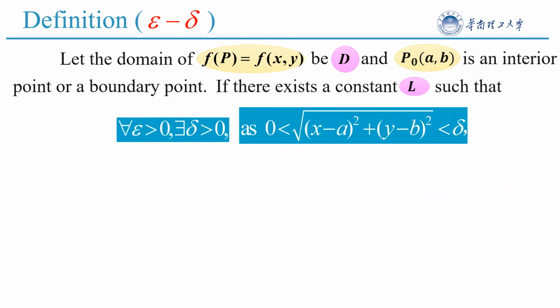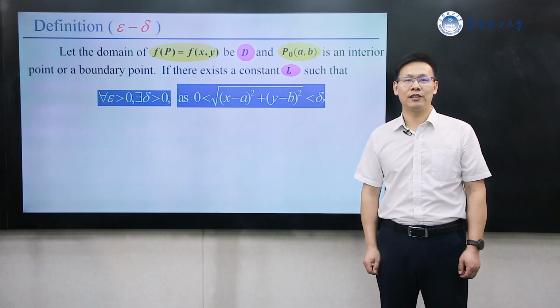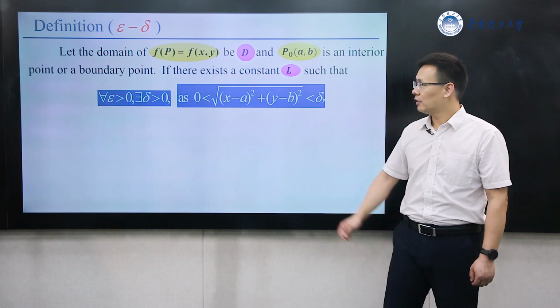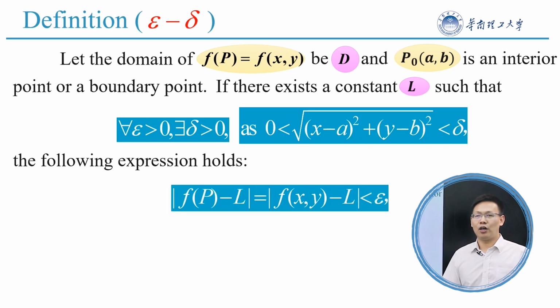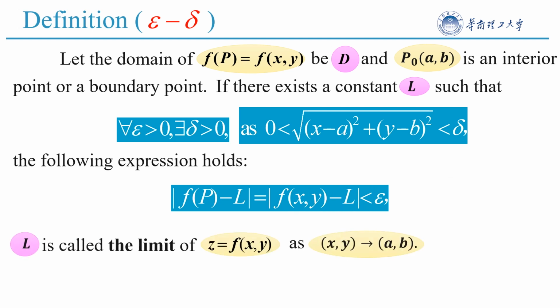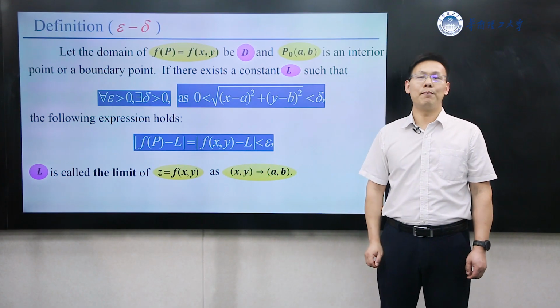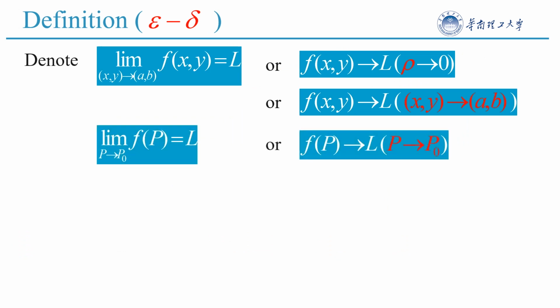If for arbitrary small positive number epsilon, there exists a positive number delta, such that for all points (x,y) satisfying the following expression, the absolute value of f(x,y) minus L is less than epsilon, then L is called the limit of f(x,y) as (x,y) approaches (A,B).